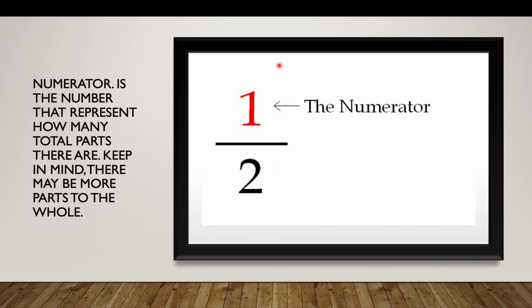What is a numerator? As we already knew when we did fractions, the numerator is the number that's on top. The numerator represents how many parts we have. Keep in mind there may be more parts to the whole.